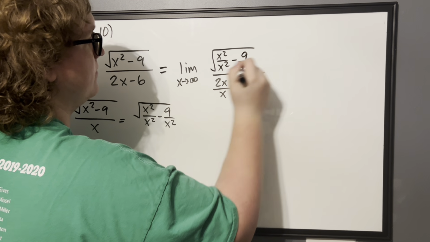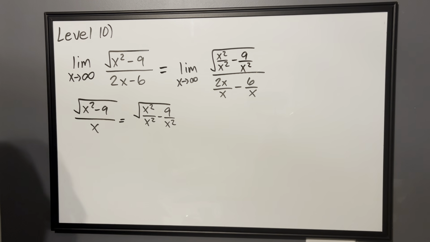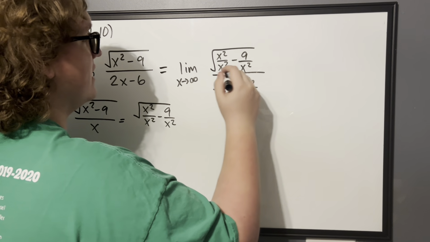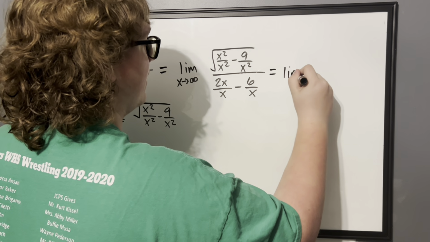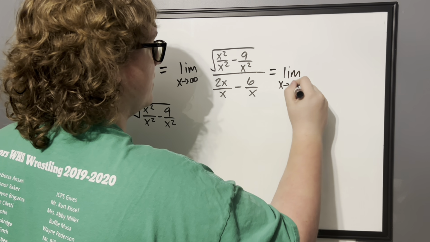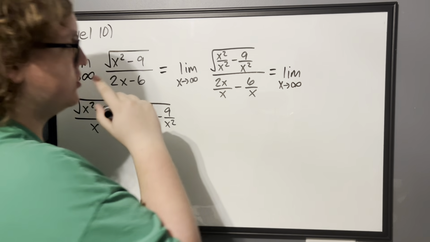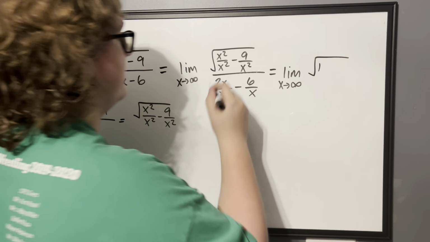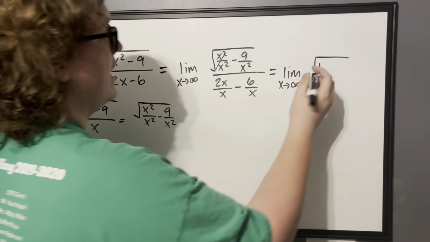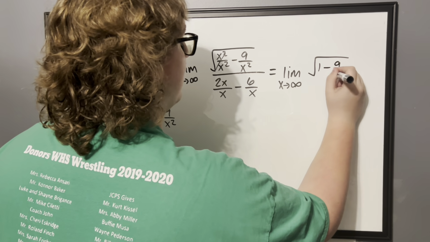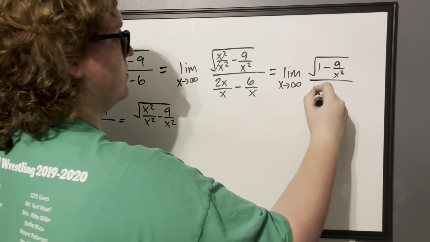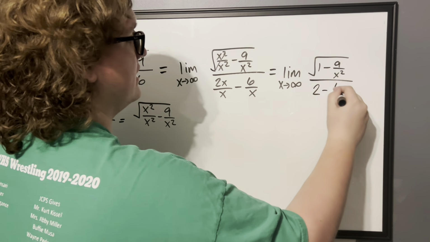So the numerator is going to be the square root of x squared over x squared minus 9 over x squared. And now, this isn't that hard of a limit, because this is the same process as what we did earlier. Remember, we're going to try to simplify everything. The limit as x goes to infinity of the square root of x squared over x squared is just the square root of 1, because these will cancel, minus the 9 over x squared. All over, the x's will cancel here, so we'll have 2 minus 6 over x.